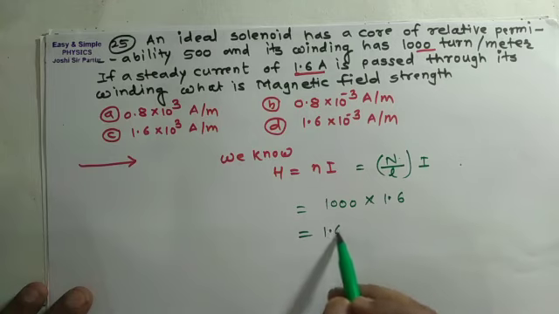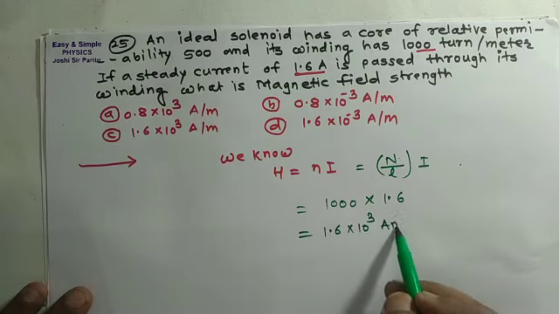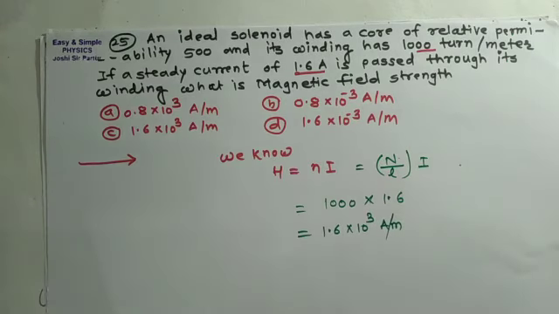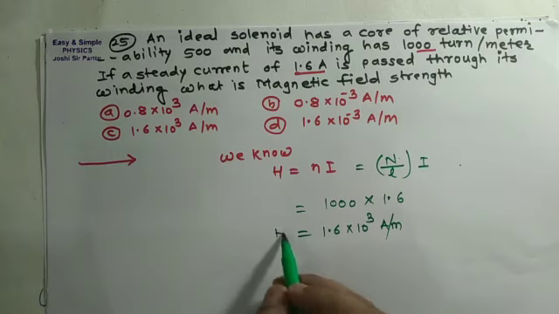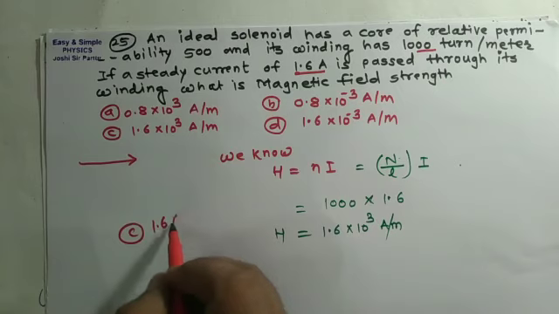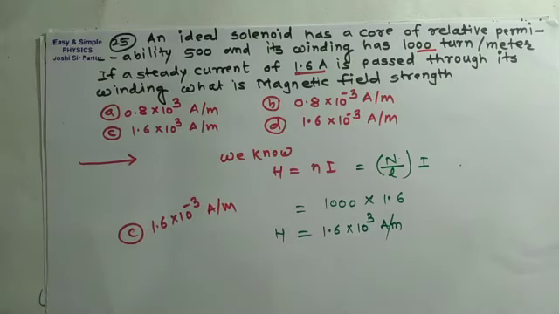So it is 1.6 into 10 raised to 3 ampere per meter. So the magnetic field strength, that is the intensity of magnetism, will be 1.6 into 10 raised to 3 ampere per meter. So the option is C.